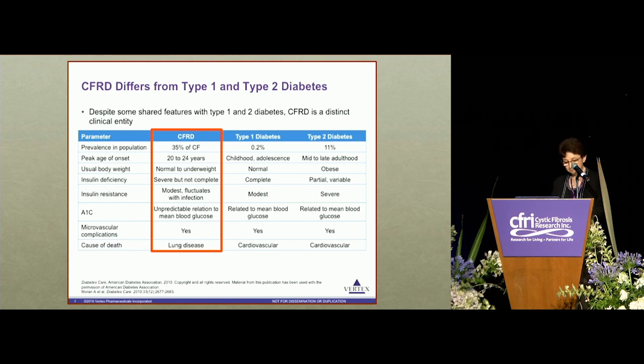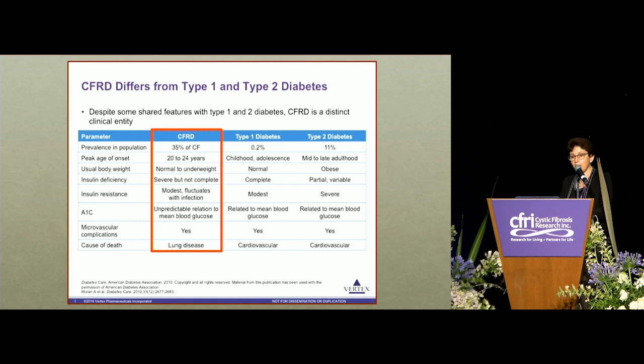Hemoglobin A1C is a standard measure that we usually use for individuals with type 1 and type 2 diabetes, which we're not able to use in CFRD because it does not correlate with mean blood sugar levels.